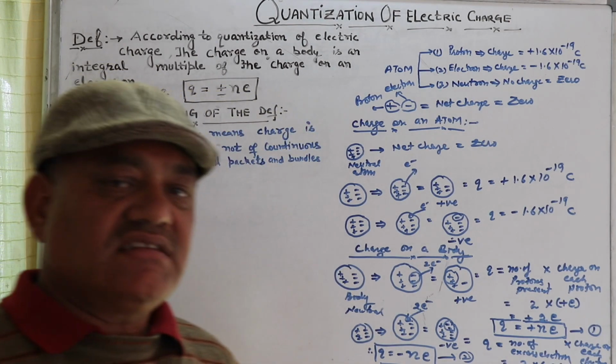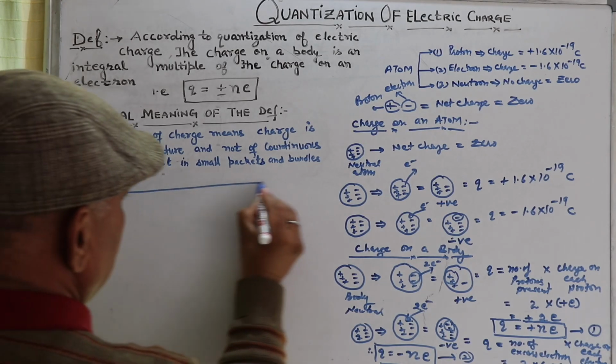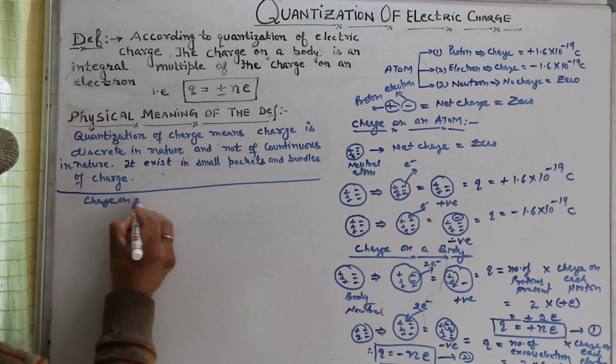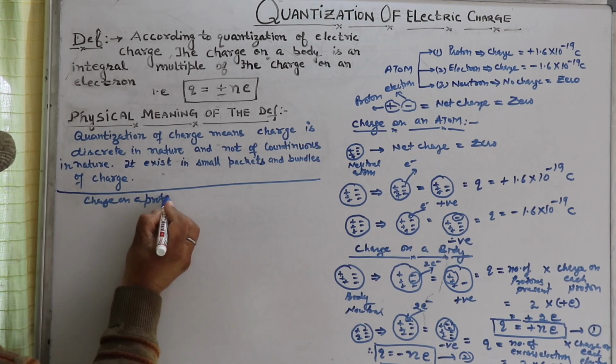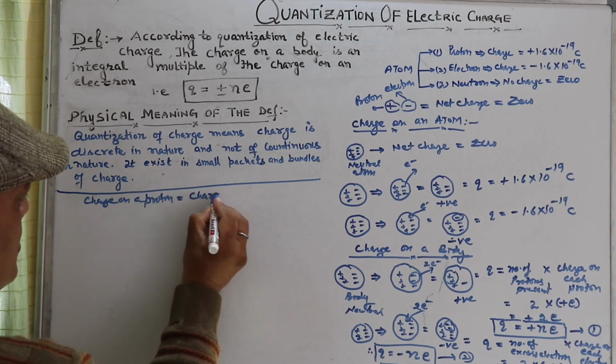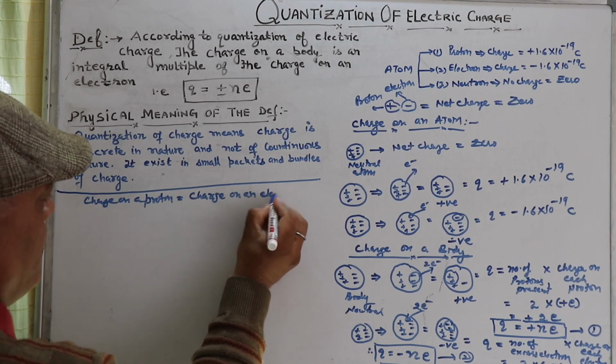But we know that the magnitude of the charge on a proton is equal to the charge on an electron.